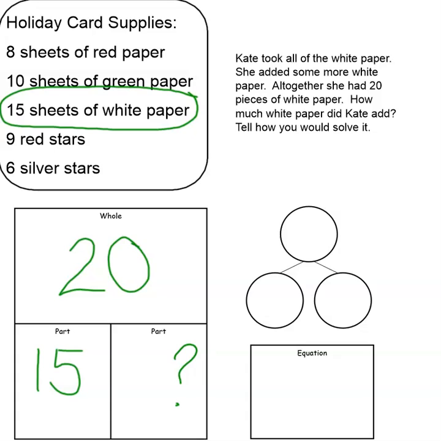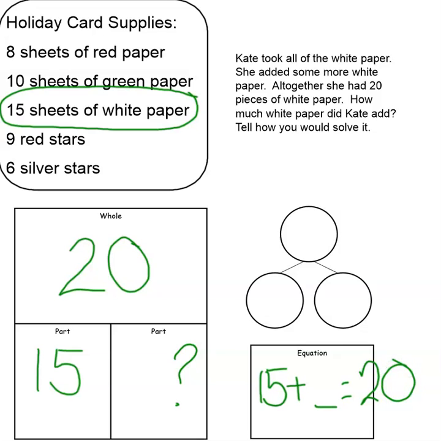How much white paper did Kate add? So we know she had 15, and she added some more, and we know in the end she ended up with 20.